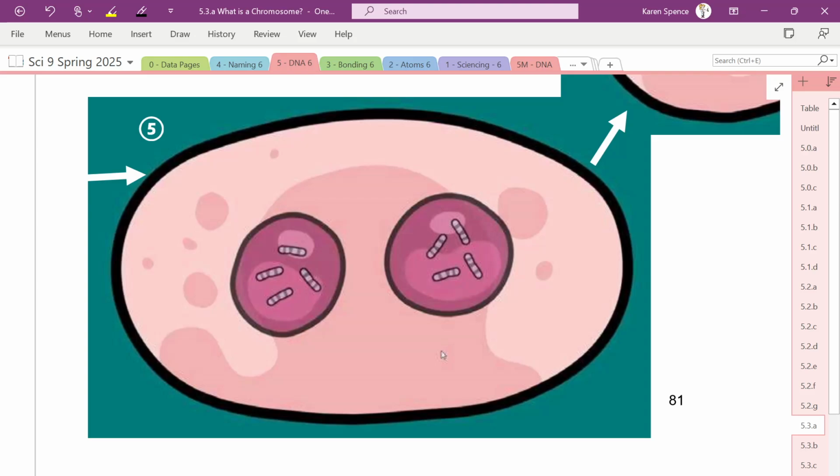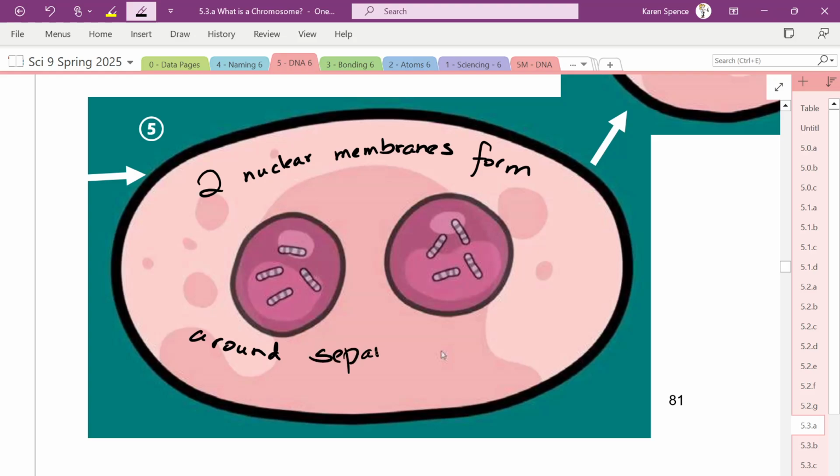We've ended up with two nuclear membranes forming around the separated halves of the chromosomes. And do you see how that's almost ready to be two brand new cells?